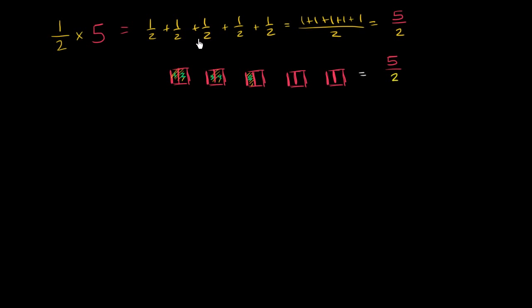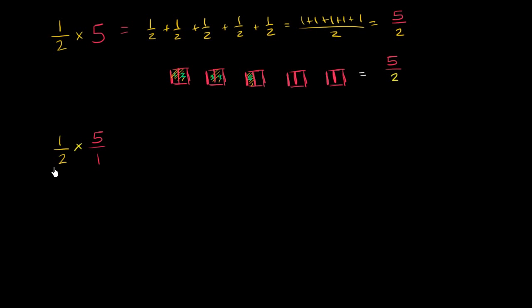Now, so far we just did it thinking about what multiplication actually means. But if you said, well, how did I compute this? Multiplying fractions is actually straightforward from that point of view. As long as you can express both of them as fractions, and 5 we already know is the same thing as 5 over 1.